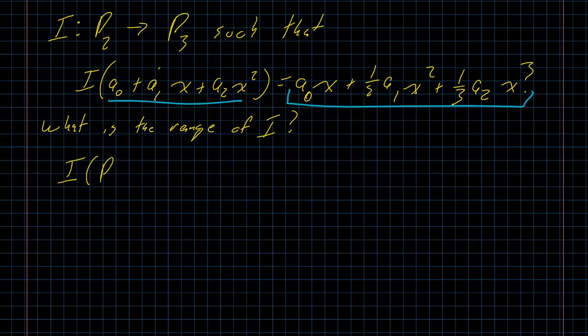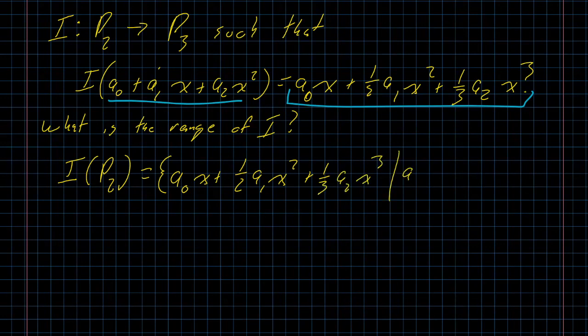I of P2 is the set of all third degree polynomials, a0x plus 1/2 a1x squared plus 1/3 a2x cubed, such that a0, a1, and a2 are real numbers.